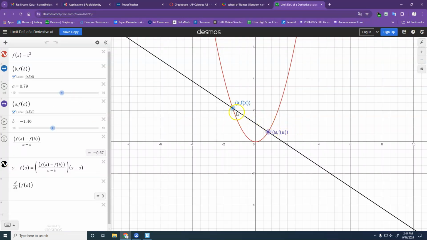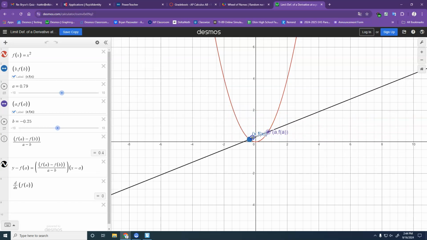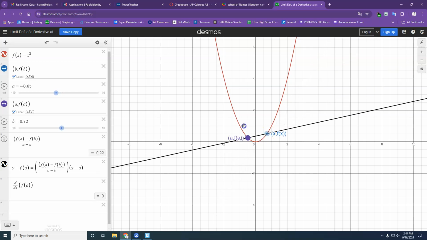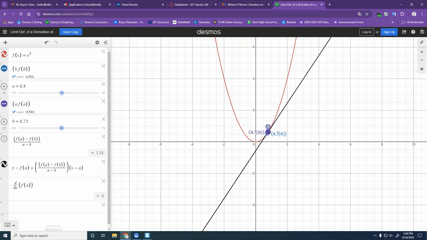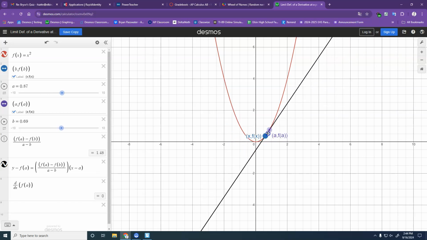And so what we were looking at is that x was getting closer and closer and closer to that fixed point. It might be 3, it might be 7, it might be 0, whatever it was. X there, we were watching as it got closer and closer, and the line would get closer to the tangent line. So that was our idea that we were looking at on Friday.